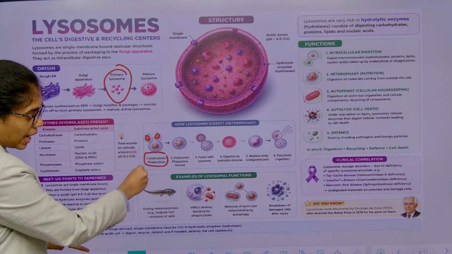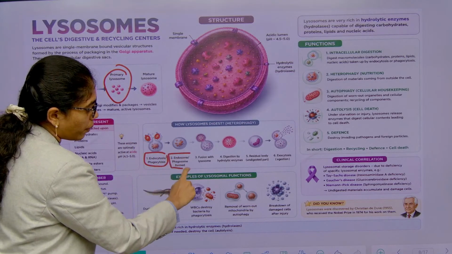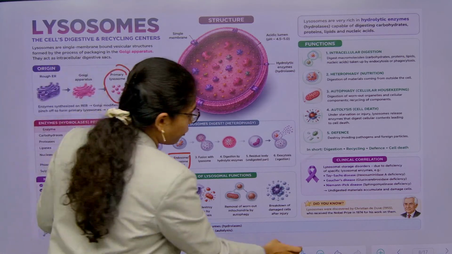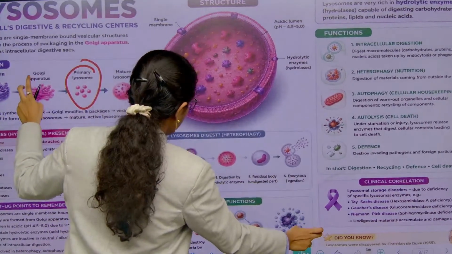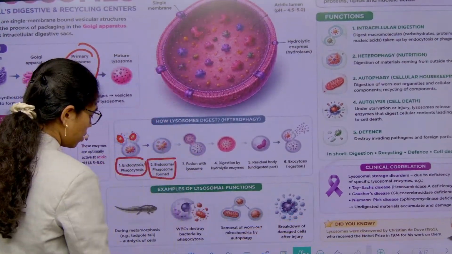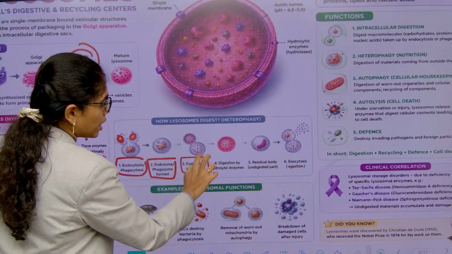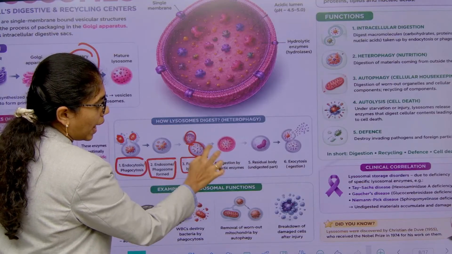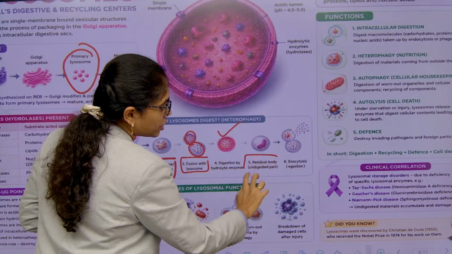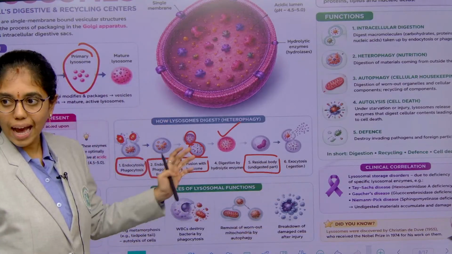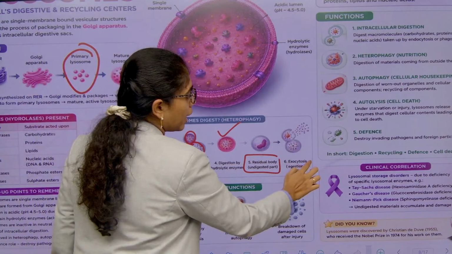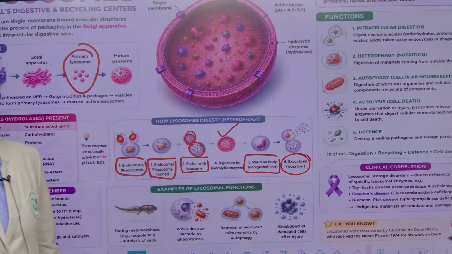So it will first engulf and then it forms what? Phagosome, after which what takes place? Fusion. Fusion with the lysosome and then digestion. At last residual bodies will be released after digestion, and then exocytosis will occur.